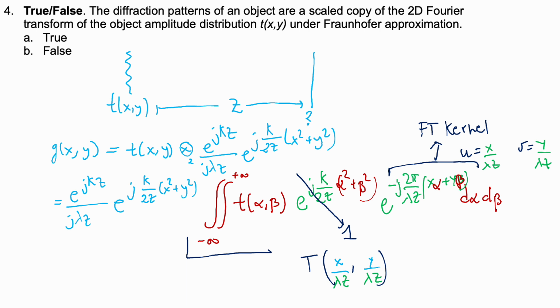But clearly you can see that this is a scaled version of your Fourier transform. So the answer is true. Yes, the diffraction pattern of an object is a scale copy of its Fourier transform under the Fraunhofer approximation.